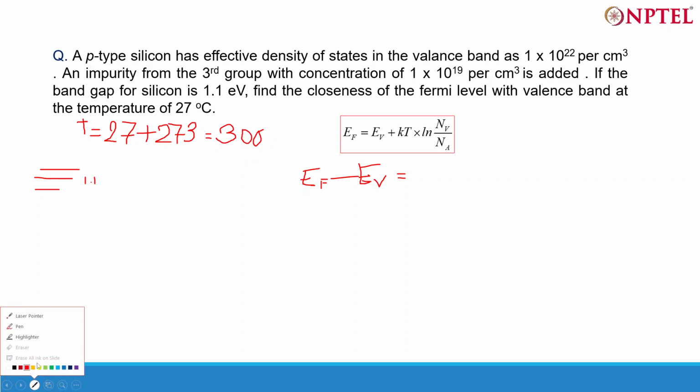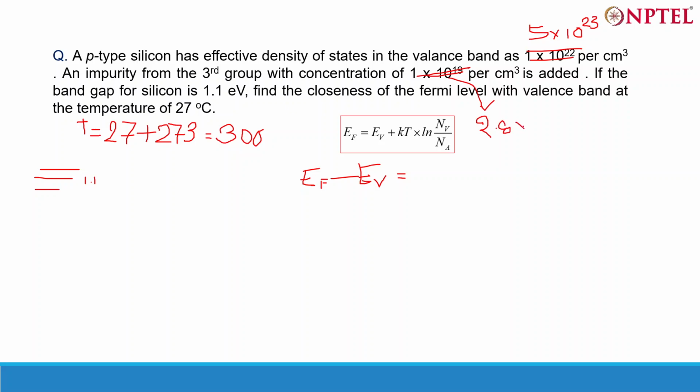Let me change it: instead of 1 into 10 to the power 22, take it as 5 into 10 to the power 23, and take the other value as 2.8 into 10 to the power 20. Everything else is the same. Take the temperature as 32 degrees Celsius. Now calculate the same question, calculate it.